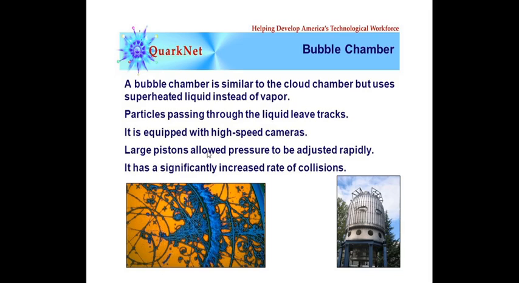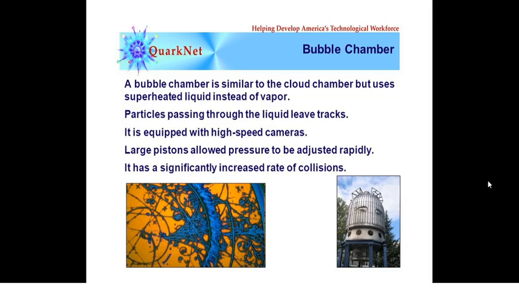Pistons are also used in this bubble chamber in order to adjust the pressure rapidly. And when compared with a cloud chamber, it has a significantly increased rate of collisions inside the chamber.